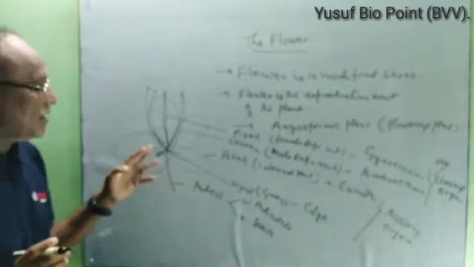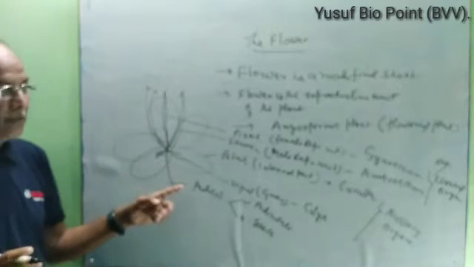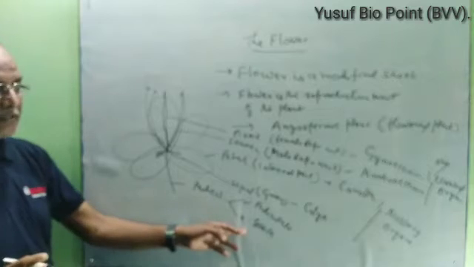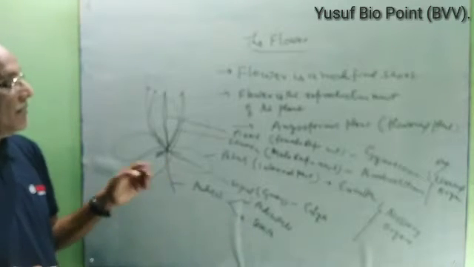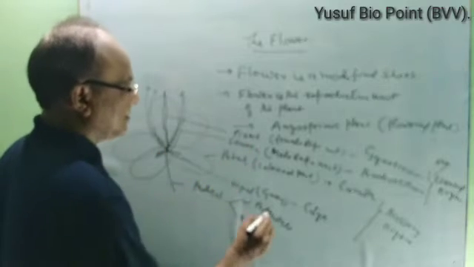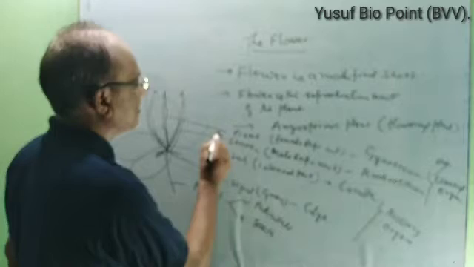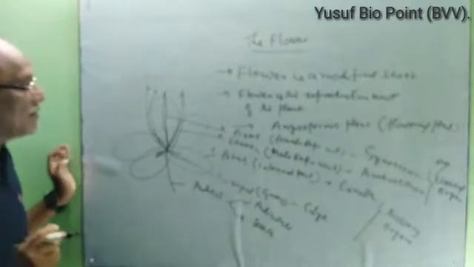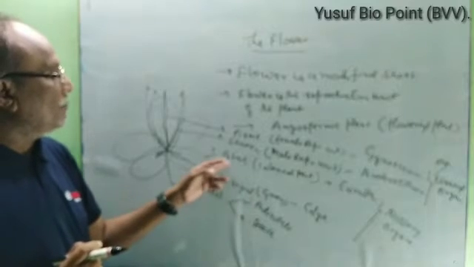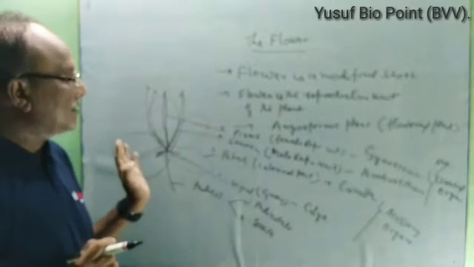So this is all about flowers. If the pedicel is present, that is pedicellate. If the pedicel is absent, that is sessile. Flowers contain these main four parts: sepals, petals, stamens, and pistils, first, second, third, fourth.